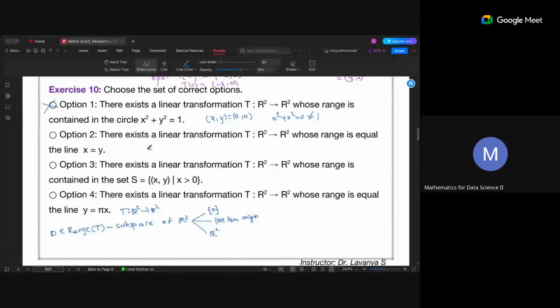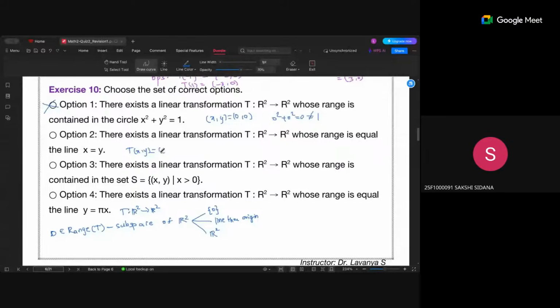What about option 2? You tell me the answer. Yes, it's correct, it's possible. What is such a transformation? A point or a line. What is exactly T of x comma y in this case? It is a line. x comma x.